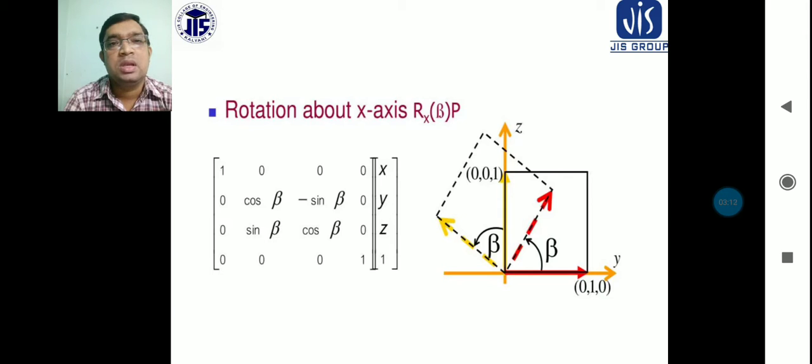The second row is 0 cos beta, sin beta, 0. The third row is 0, minus sin beta, cos beta, 0. And the fourth row is 0 0 0 1. According to this, another matrix is considered from these equations, x, y, z, and 1.